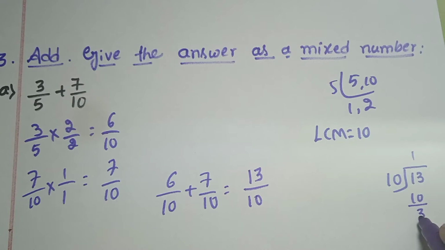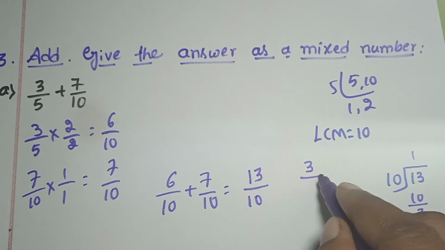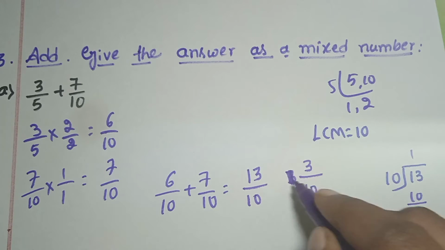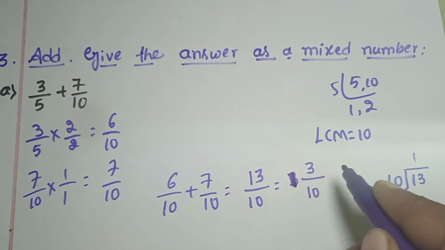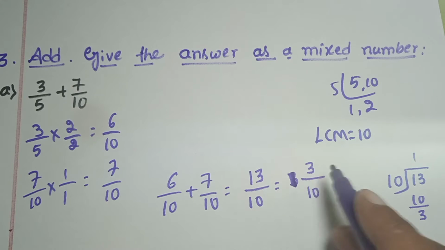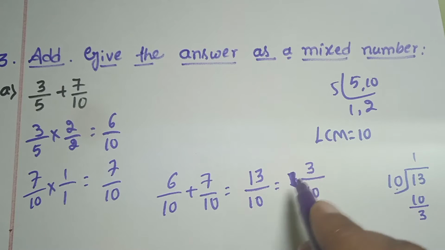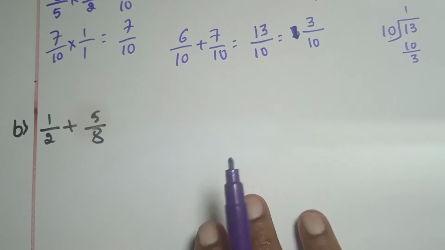What is the remainder, children? 3 is the remainder. 10 ones are 10, 10 plus 3, 13. This 3 we should keep in the numerator part and this 1, the quotient, we should keep in the whole number part.